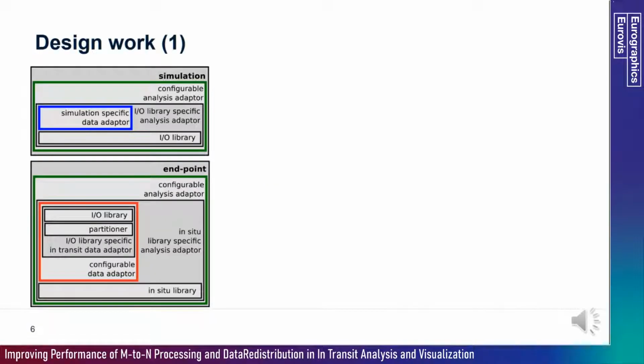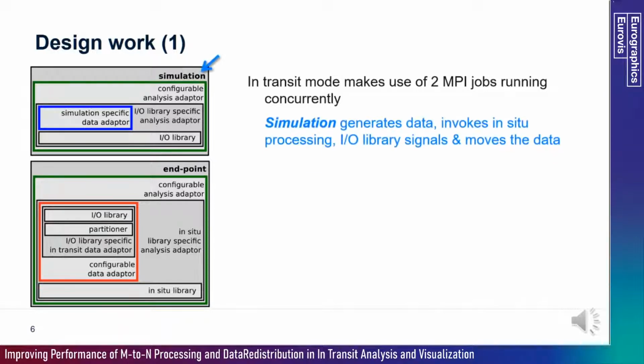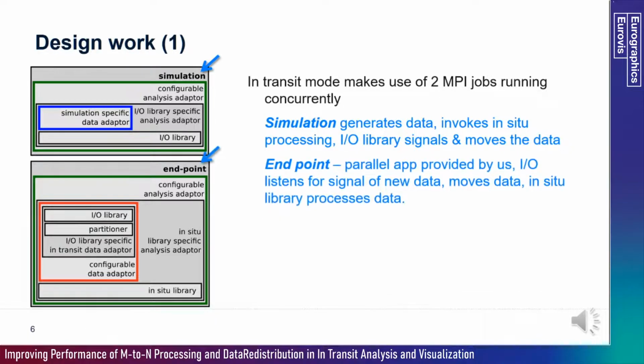Our work extends the Sensei in-situ infrastructure for use in M to N in-transit configurations. In an in-transit mode, we make use of two MPI jobs running concurrently. The simulation generates data and periodically invokes in-situ processing. It's been configured to use an I/O library that can signal when new data is available and respond to requests for that data.